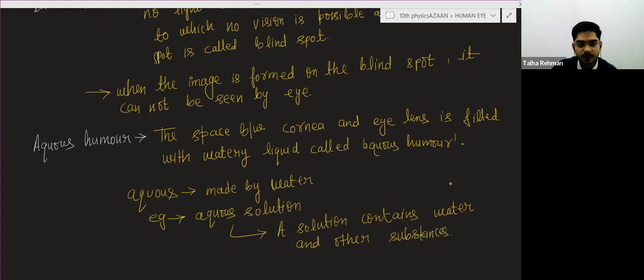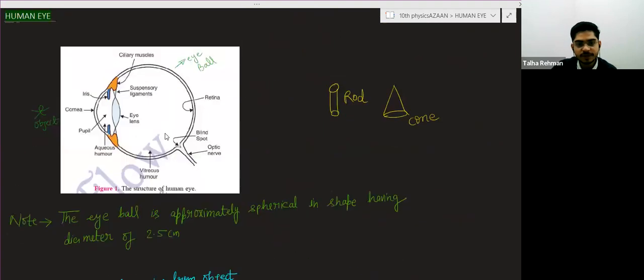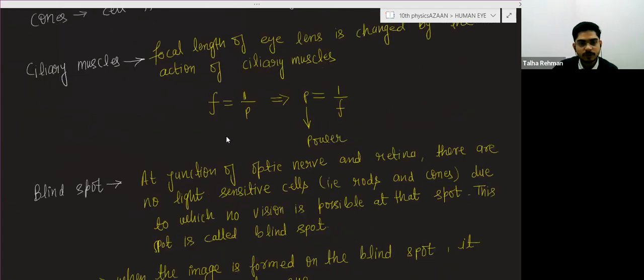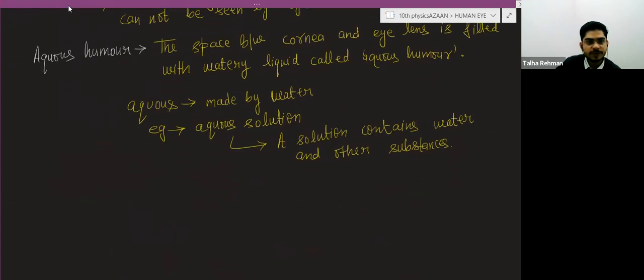There is one more thing, vitreous humor. Vitreous humor is a liquid filled in the space between the eye lens and the retina.